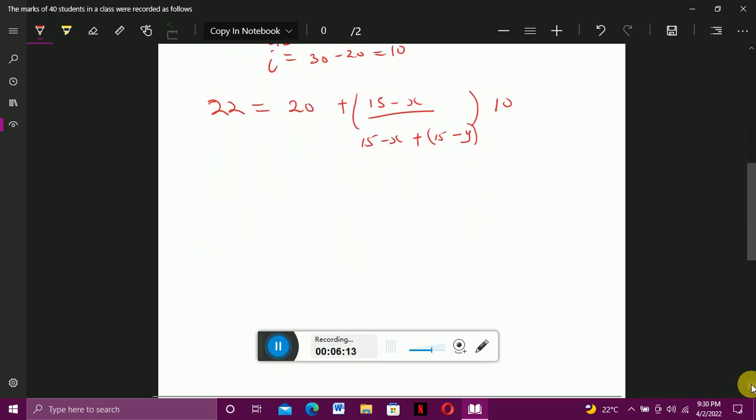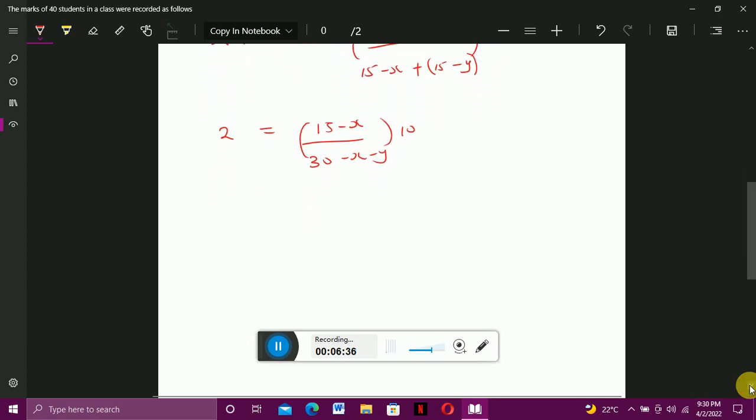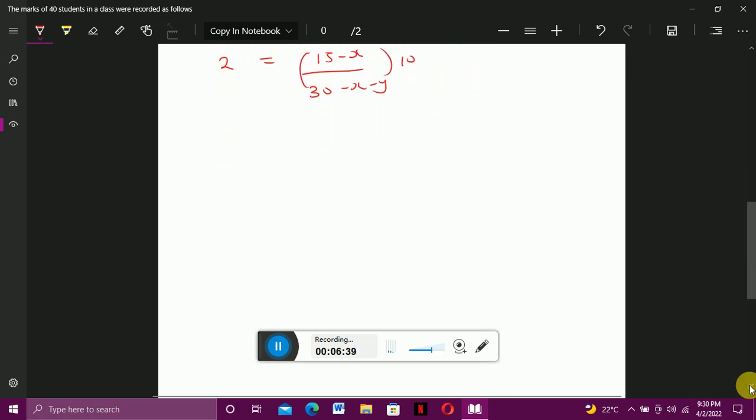So we can see that when we bring 20 to this side, we have 2 is equal to 15 minus x over 15 plus 15 is 30 minus x minus y, all this multiplied by 10. So that if we divide both sides by 10, we are going to have 0.2 is 15 minus x over 30 minus x minus y. We do cross multiplication.